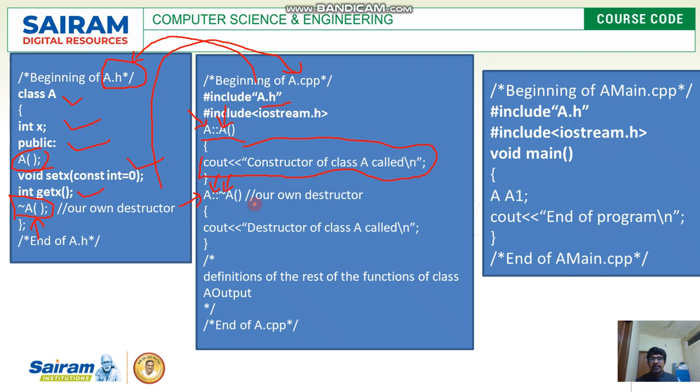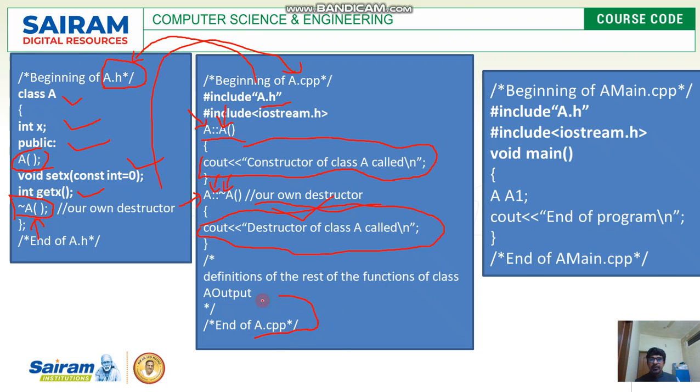So we have created our own destructor. This also is not doing much of a job. It is just going to print a message, destructor of class A is called. What the constructor does, printing a message, the destructor also does, printing a message. So we are done with this.